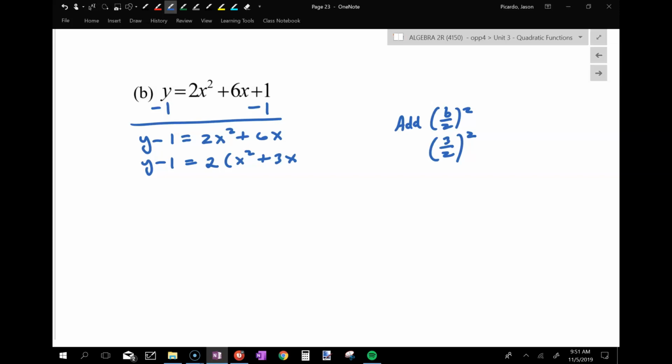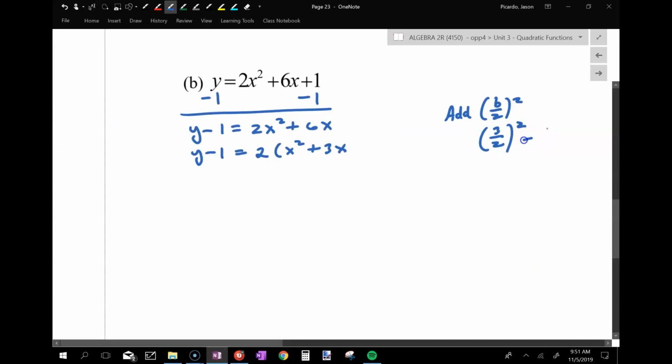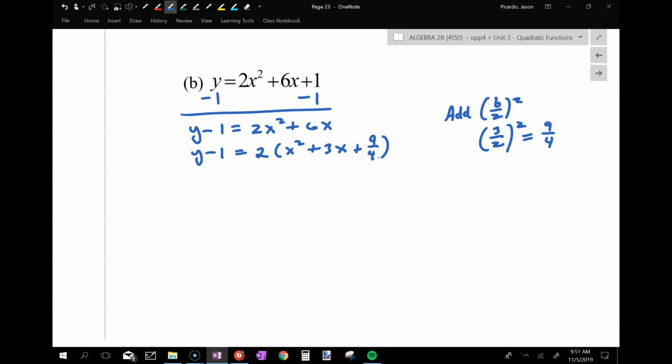What's 3 squared? 9. What's 2 squared? 4. So this is equal to 9 over 4, right? 3 squared is 9. 2 squared is 4. It's 9 fourths. So I'm going to add 9 fourths. Everybody cool with where that came from?